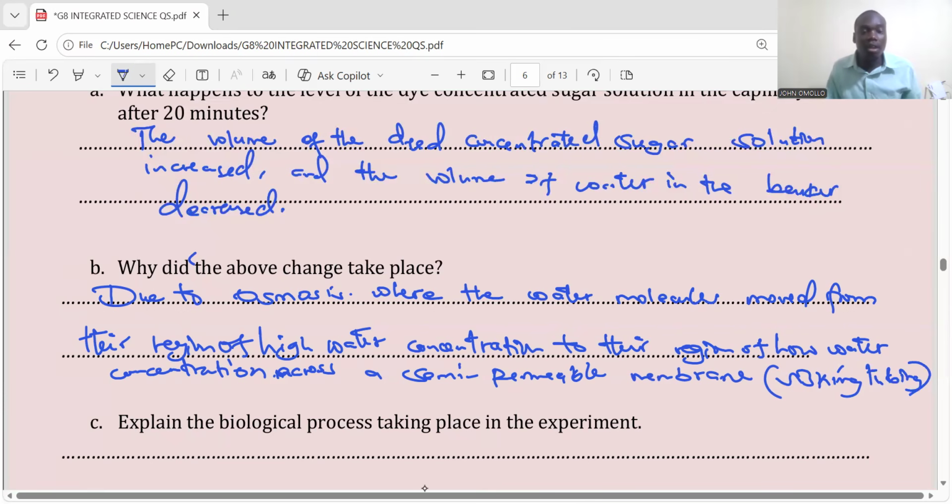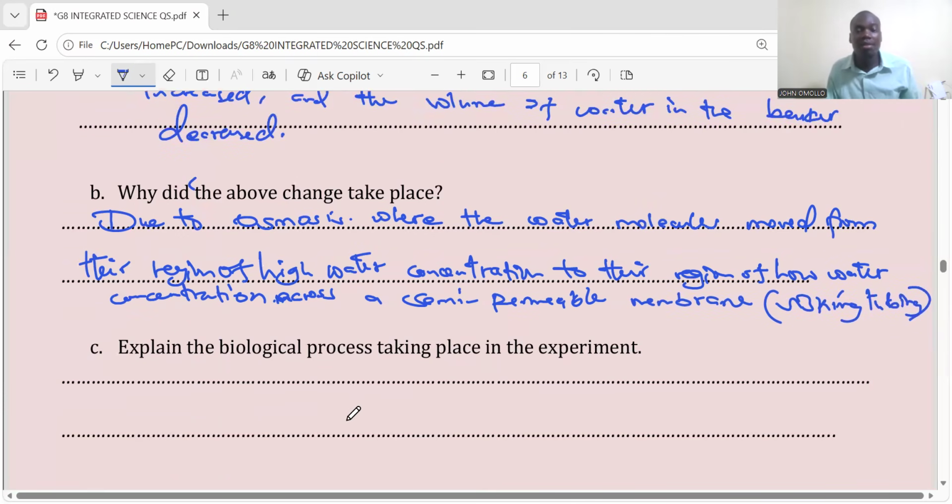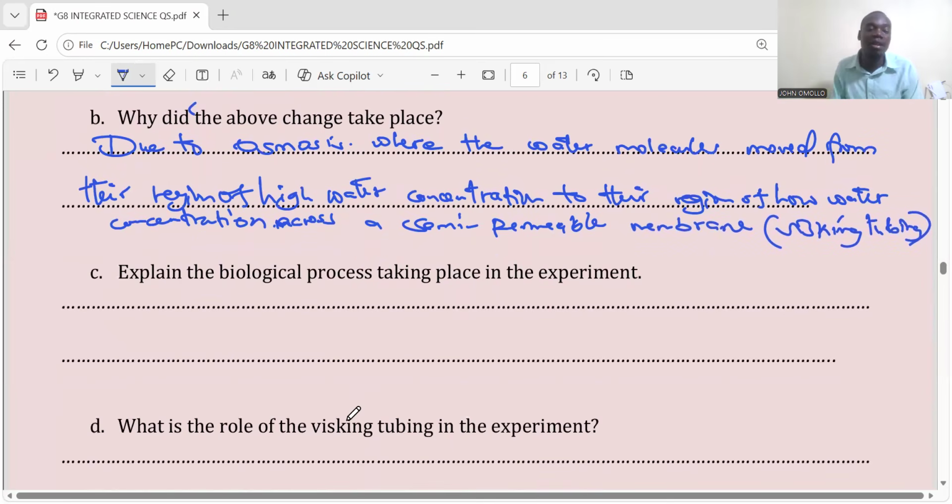Next question. Explain the biological process taking place in the experiment. That is just osmosis. Again, we are repeating what we have just written. Osmosis. That is the biological process in that case.